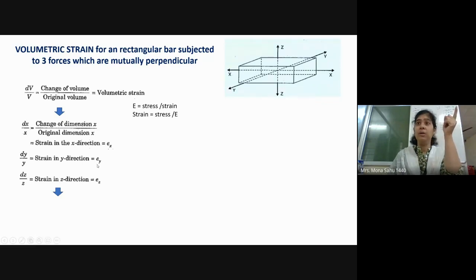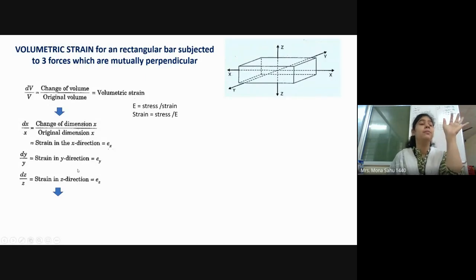What will happen to Ey? In the y direction, this is the main length, B. So B is going to increase because of the y force, but because of the x force it will decrease. Because of z, it will again decrease. Got it? And the strain in z direction, the depth is going to increase because of the load z, but because of the loads x and y, the depth is going to decrease.